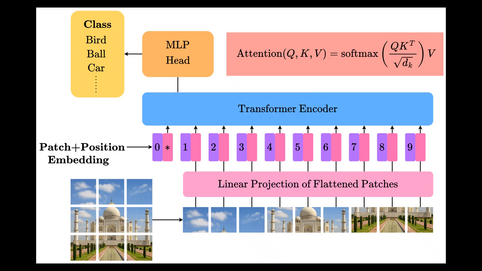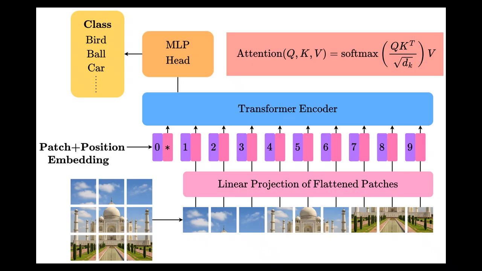An image is not processed as pixels directly in vision transformers. It is first divided into 16 by 16 patches. Before that, for a long time, since the late 1990s, convolutional neural networks were dominating computer vision.